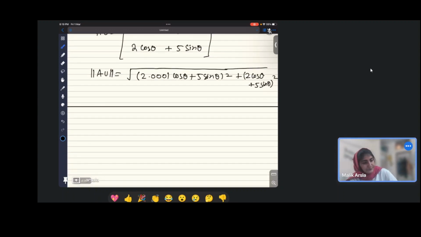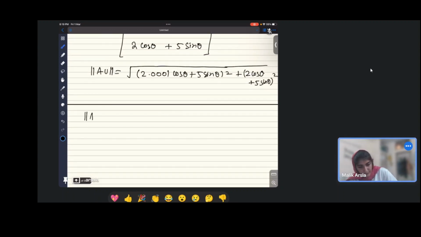Now, what is the norm of A? Norm of A is the maximum of norm of AU upon norm of U. Since U is a unit vector, the denominator will be 1.